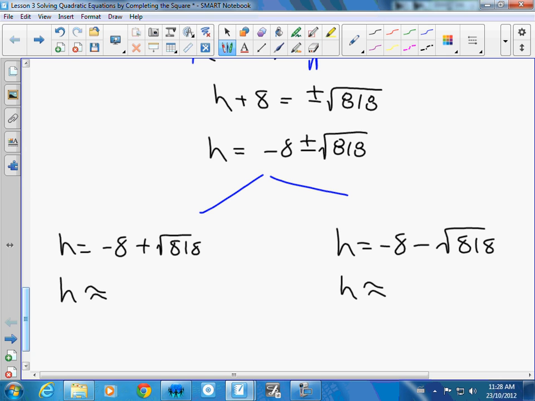You need to buy yourself a calculator. What did you get for the first one? To one decimal place, go negative 8 plus the root of 818, and then the other one is negative 8 minus the root of 818.